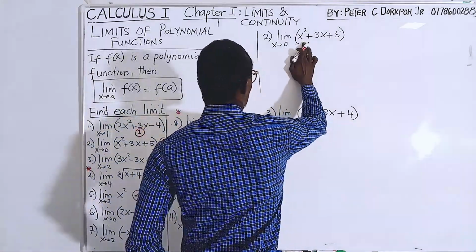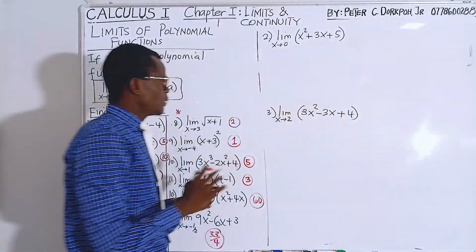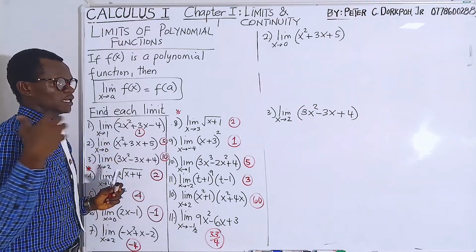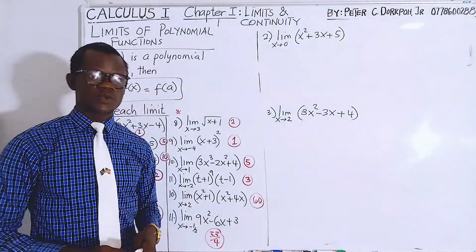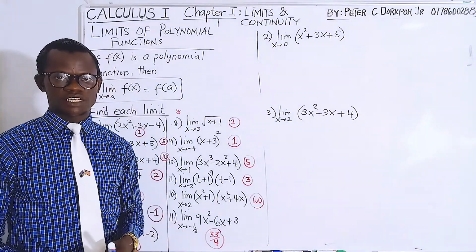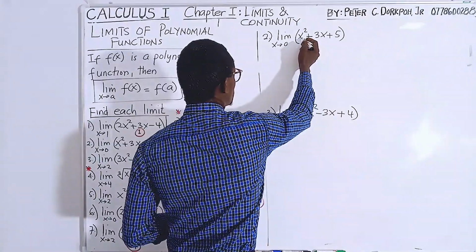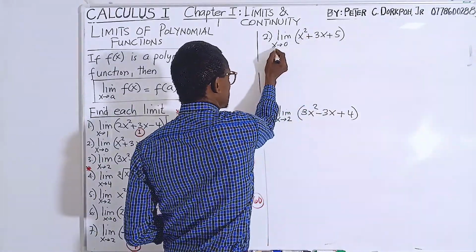So the next one says that the limit of x squared plus 3x plus 5. Now, since we were not asked to solve these limits or to find each limit using the algebraic properties, we can directly find each limit if they exist. So we replace each of these variables with what x is approaching.